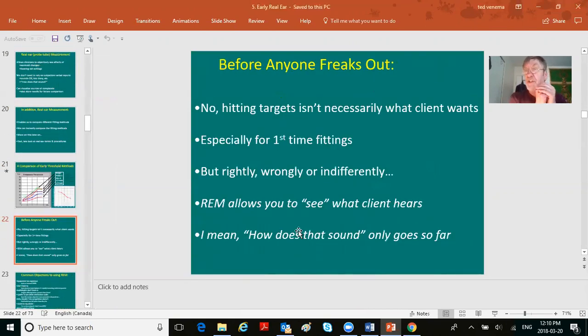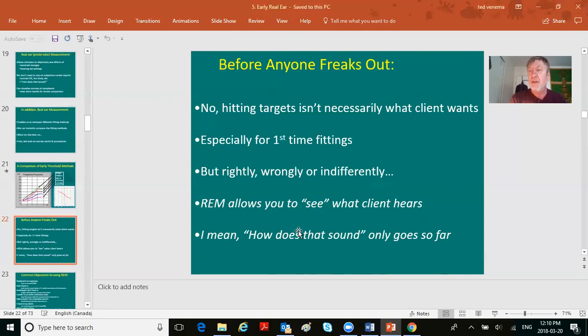Before anyone freaks out, by the way, because some of you may have heard from clinicians, oh, but hitting targets isn't necessarily what a client wants, especially for first-time fittings. True, I agree completely. You want them to wade in the shallow end of the pool. Don't throw them in the deep end. The target is what you want to get to eventually. But for first-time hearing aid wearers, no way.